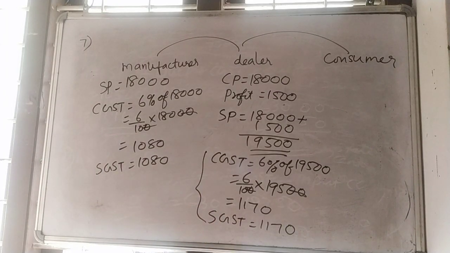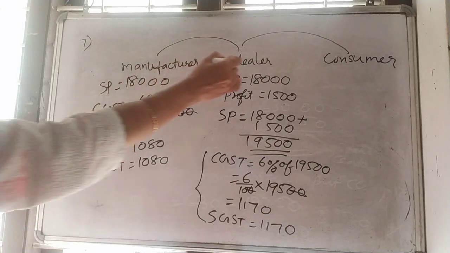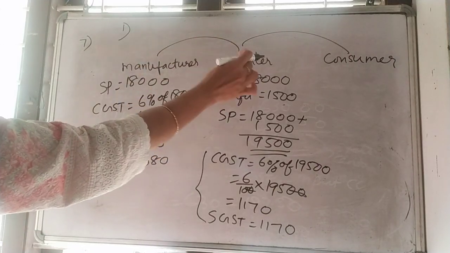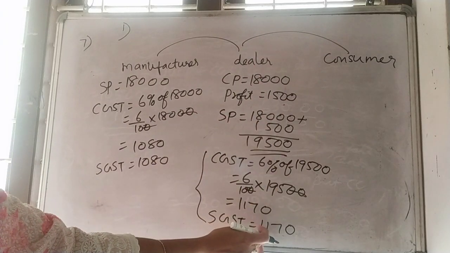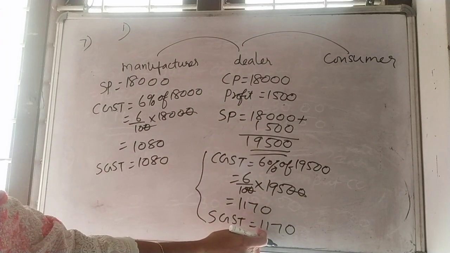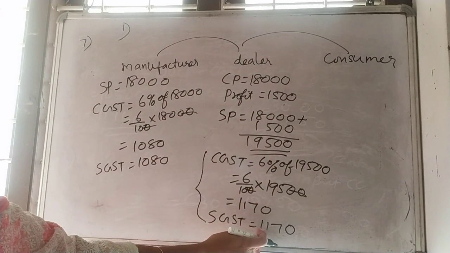Then we want to find out, the first question is the amount of GST paid by the dealer to the state government. So it will be what? Paid by the dealer, first part of our question, will be output SGST minus input SGST.